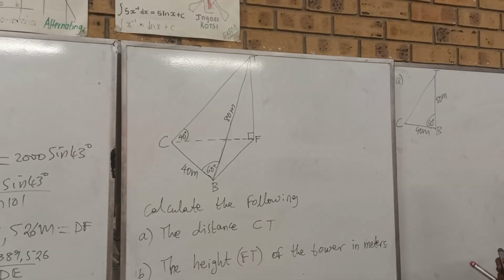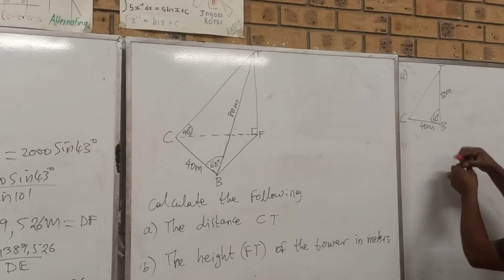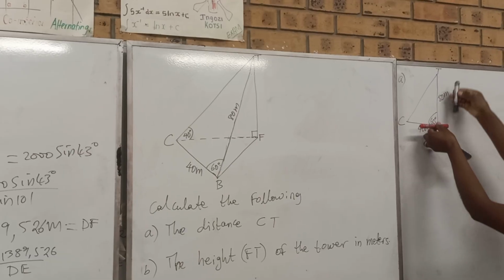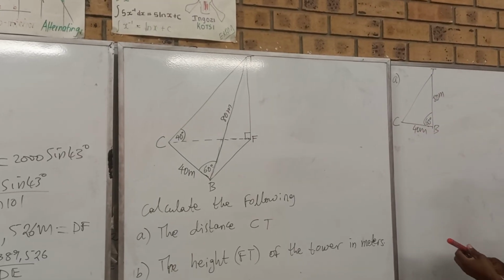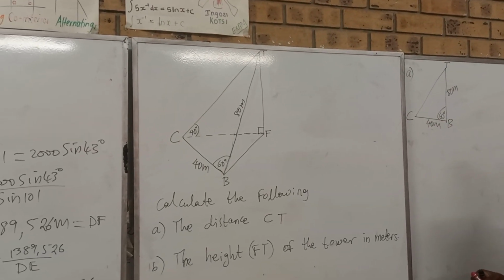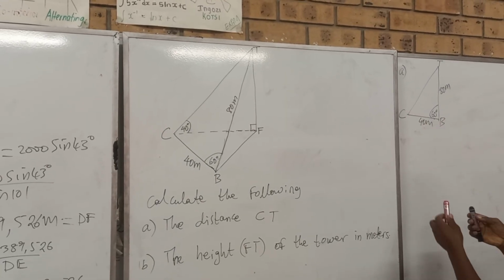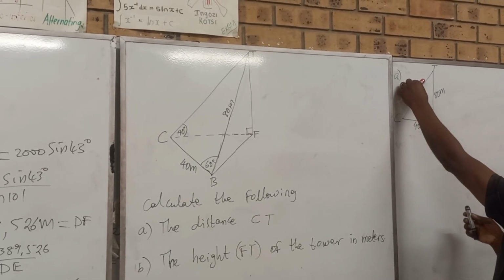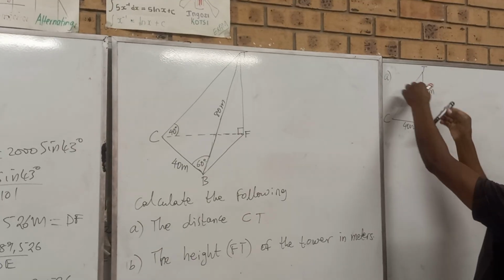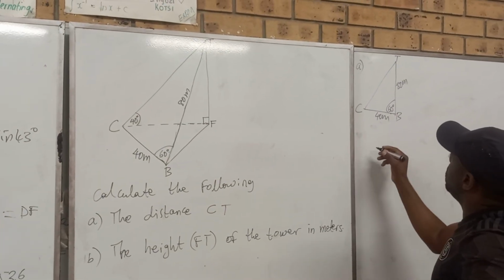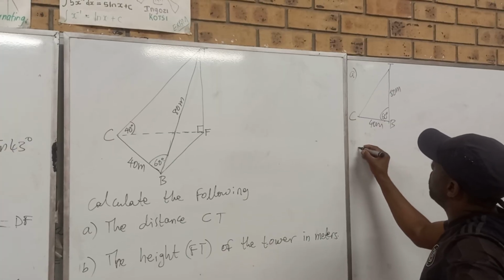So looking at it, you see that I've got two sides, BC and TB. Then the included angle, that's a condition for the cosine rule. So I can now state my cosine rule, which will help me get CT. So when I'm stating my cosine rule, I start with the side I'm looking for, and with the angle, looking at CT face to face in my triangle. So you must always generate your rules from your own triangle.